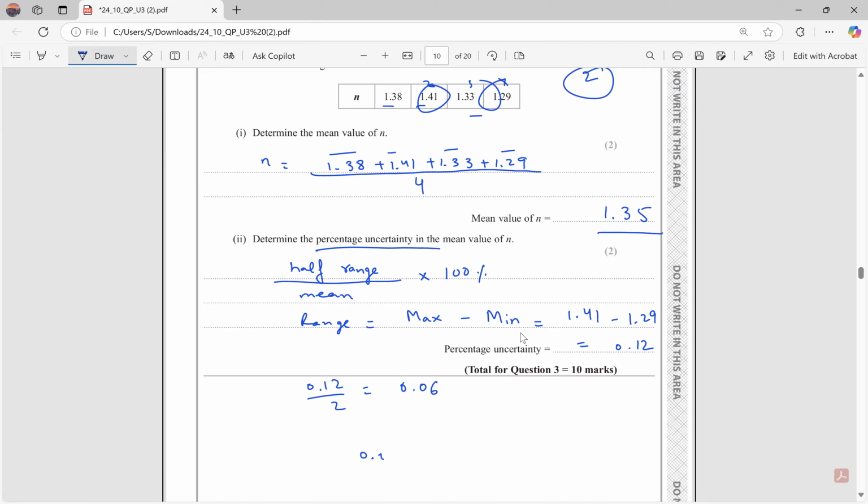You divide that by the mean, which is 1.35, and times it by 100.